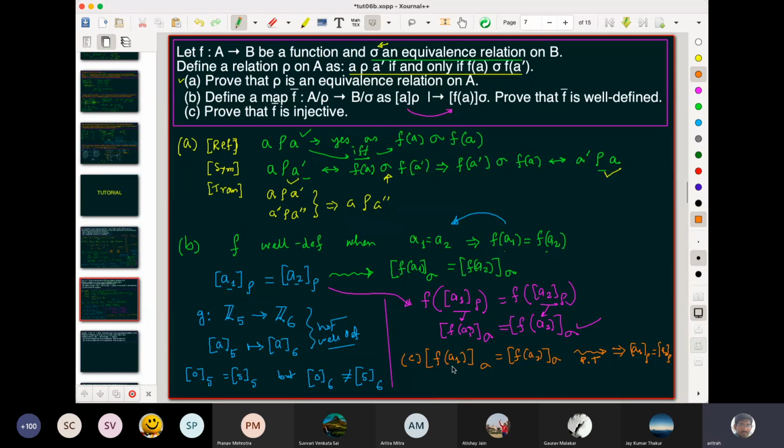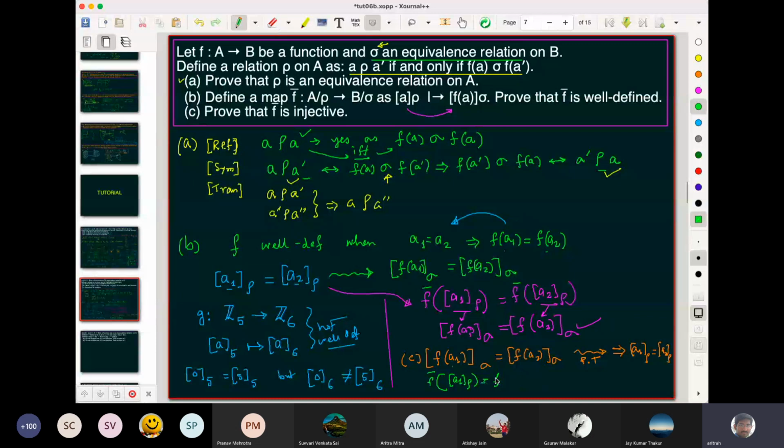So what does this come from? This is basically nothing but, when I have f, I apply the f bar function here, I reach here. Sorry, this one would be false. This is nothing, this is f bar A1 rho is equal to f bar A2 rho.